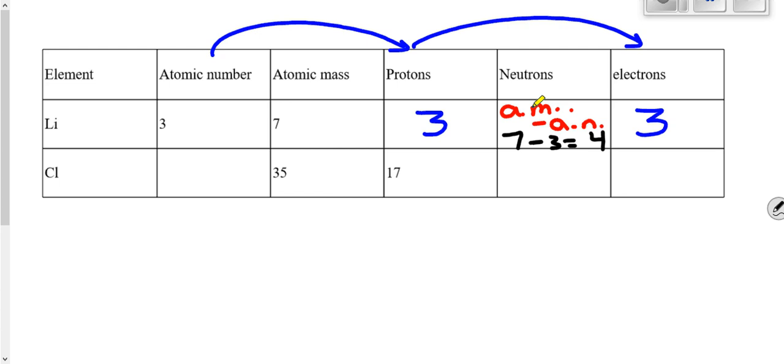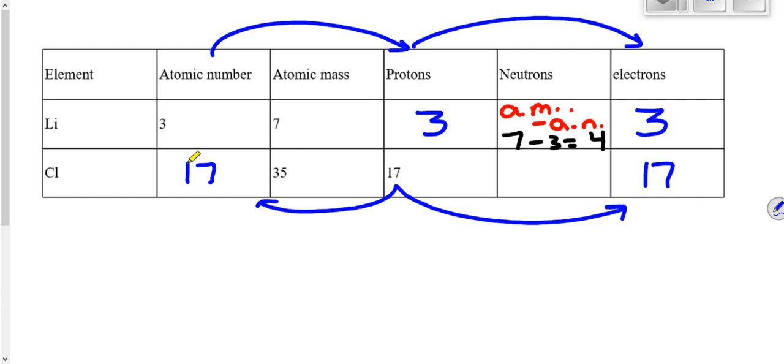Let's try this next one. In this case, they have given me the atomic mass and the protons. Again, I know that protons is the same as atomic number. So if I have 17 protons, my atomic number is 17. I also know that this column will be the same as electrons. If I've got 17 positives, I must have 17 negatives.